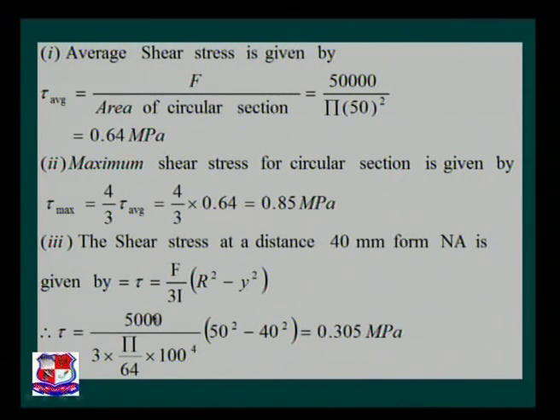F is known to us, 5000 newton. 3 into I, where I is pi by 64 into 100 raised to 4, that is the value of I, moment of inertia, bracket r square 50 square minus 40 square, and we got the value 0.305 megapascal, obviously, which is lesser than the maximum shear stress.